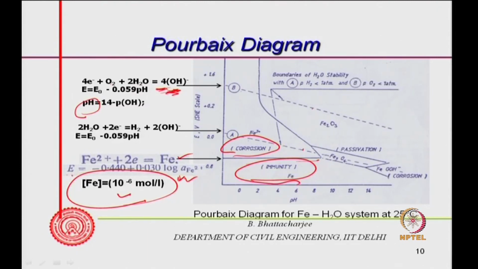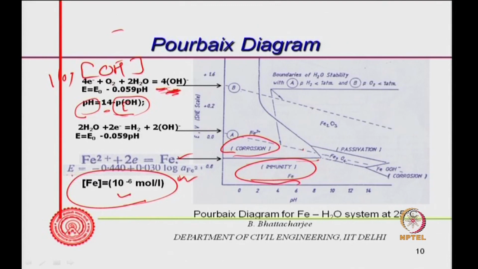So, the concentration of hydroxyl ion can be replaced by the concentration of hydrogen ion, and I know the negative of log hydrogen ion concentration is pH. So, pH can be replaced by 14 minus pOH, because this will be log of hydrogen ion concentration and negative of log of hydroxyl ion concentration, which can be written in pH terms. So, you can see that it is linearly varying with pH: E equals E0 minus 0.059 pH.